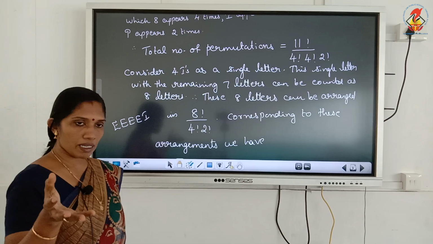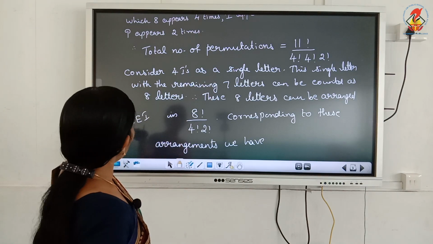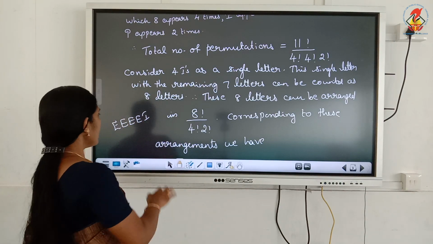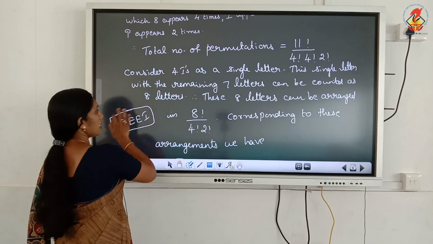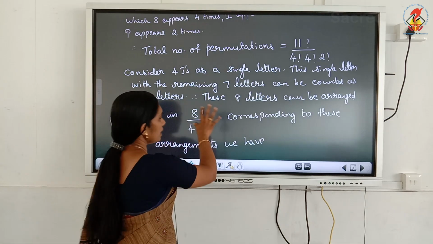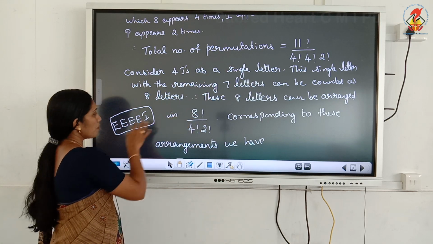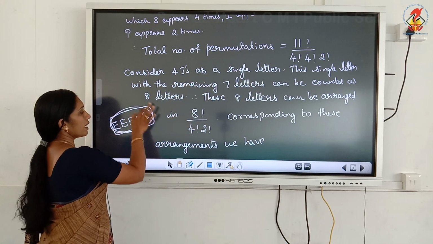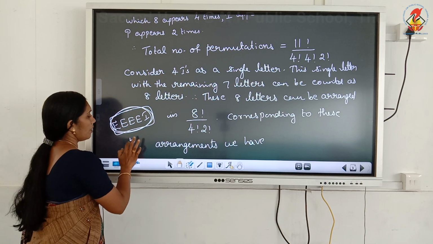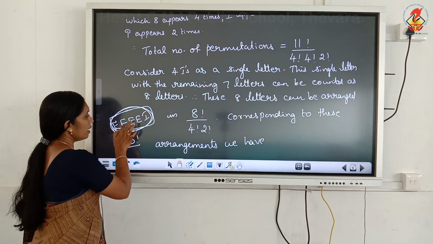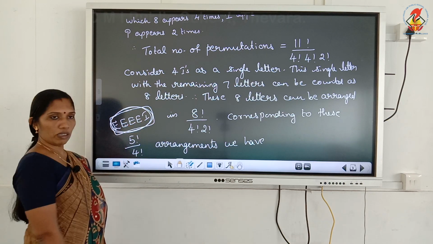About vowels, in some word, if there are 4 E's and 1 I, then if we consider vowels as a single unit, then corresponding to each of these arrangements we arrange these 5 letters as 5 factorial by E 4 times. So 4 factorial you have to write.